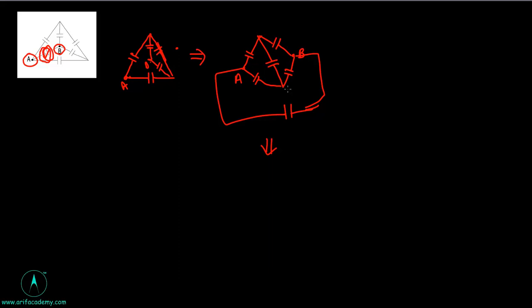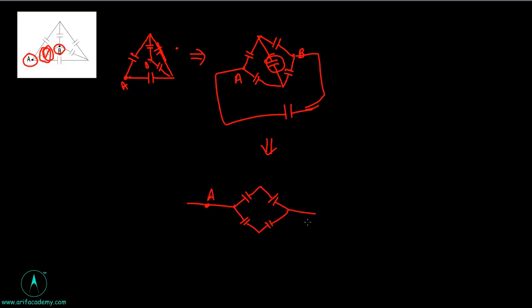This is a balanced Wheatstone bridge, and in a balanced Wheatstone bridge the diagonal capacitor can be removed, and the circuit becomes like this.